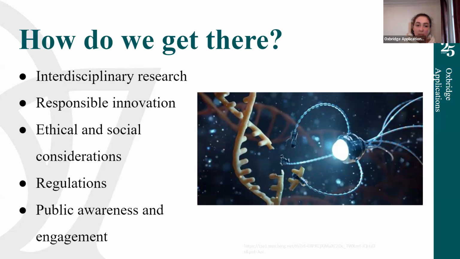We've also got to think about responsible innovation, and within this, think about the ethical and social considerations as well. We need to address the ethical, social, and regulatory concerns and ensure that we have the responsible development and deployment of nanomaterials. This requires thoughtful deliberation, transparency, and stakeholder engagement.